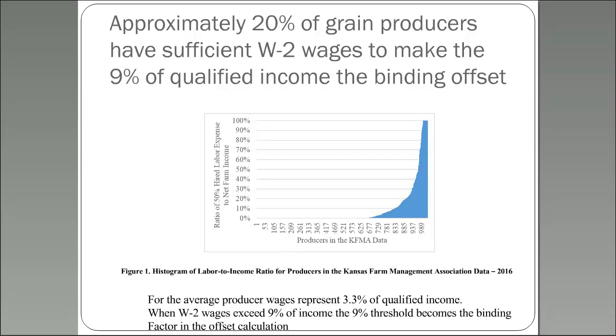About 20% of the grain producers do have enough W-2 wages to make the 9% the binding offset and not the W-2 wages. But if you see that there's really nobody, and also nobody's really at that typical level. Most producers, the vast majority, have almost zero, and then there are a few producers with high W-2 wages. So that's one of the pieces here.